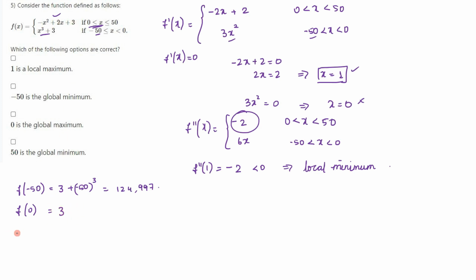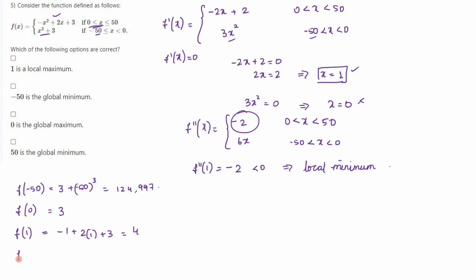Okay, now f of 1, the critical point that we have. F of 1 is again, we have to use this equation, that is minus 1 plus 2 into 1 plus 3, that is 2 plus 3 is 5, 5 minus 1 is 4.